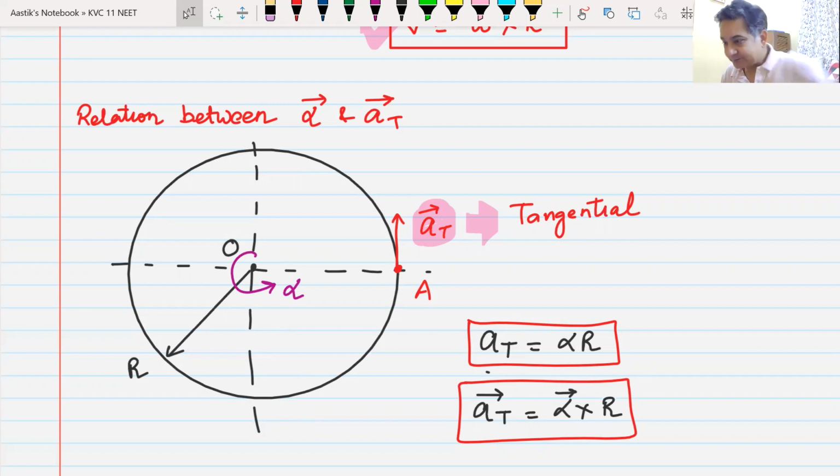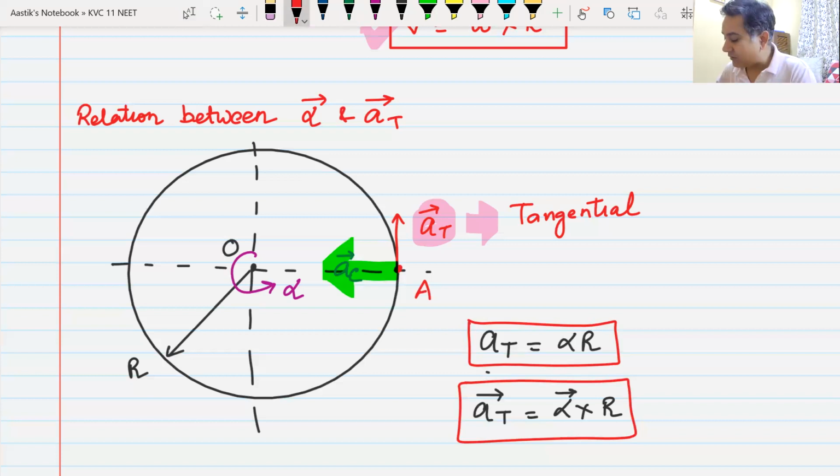Yes or no? Then there is one more type of acceleration which is towards the center. This is known as centripetal acceleration. It is always towards the center.